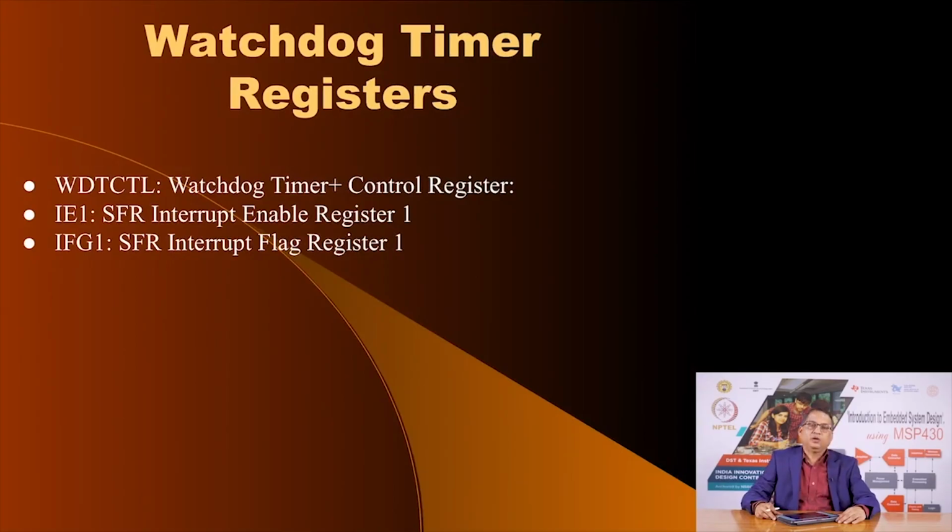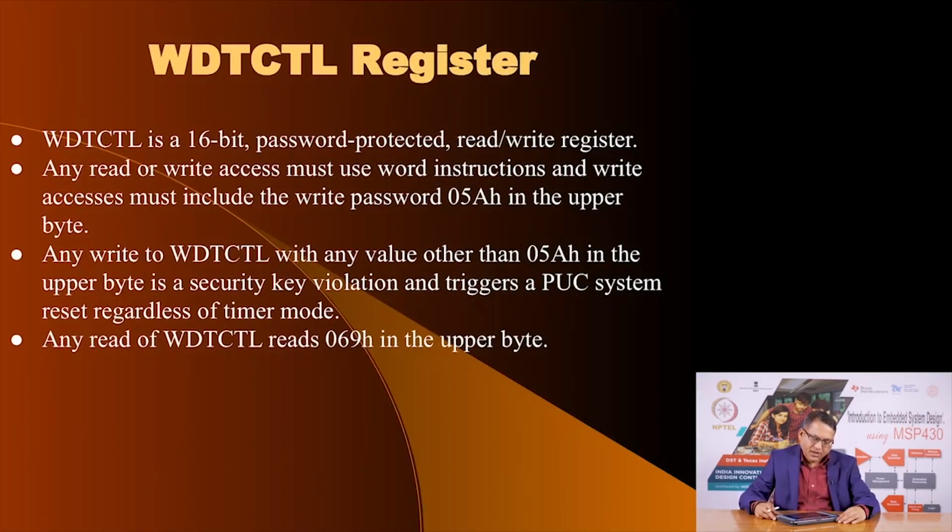Now, to control the watchdog timer, there are 3 registers to worry about. One is the watchdog timer control register, the other is an interrupt enable register, which is a special function register, and the other is an interrupt flag register. In the watchdog timer control register, it is a 16 bit register, and it is password protected.